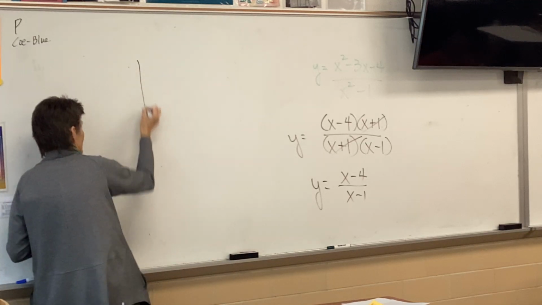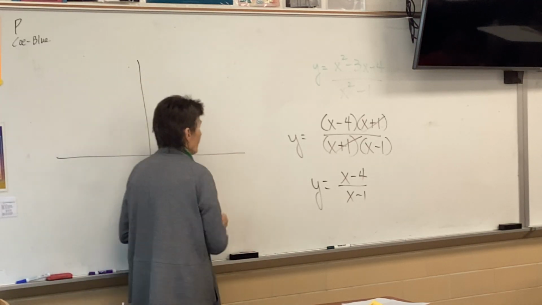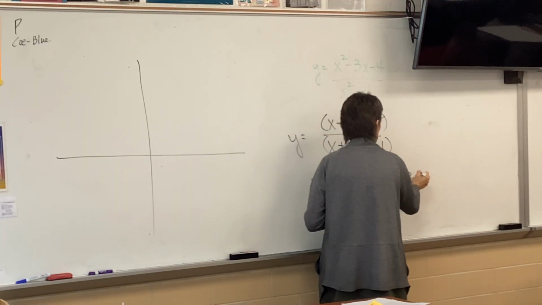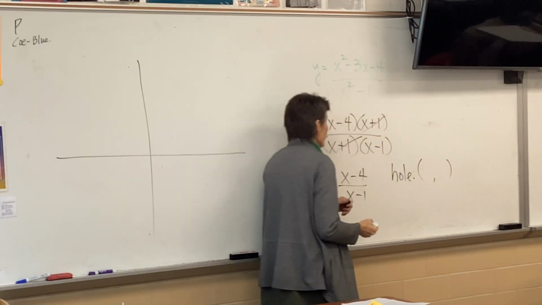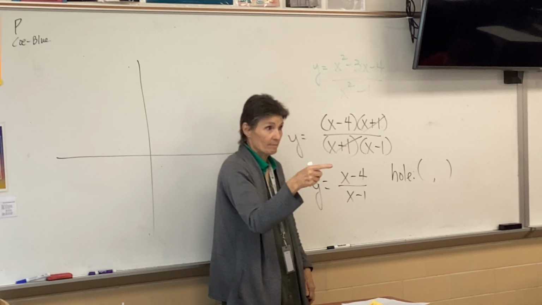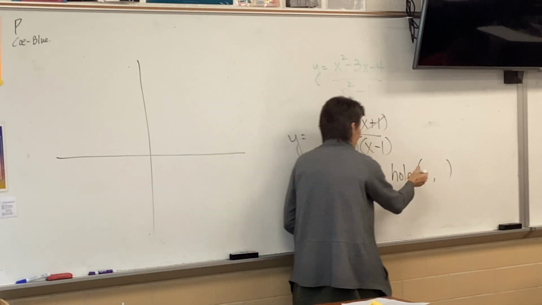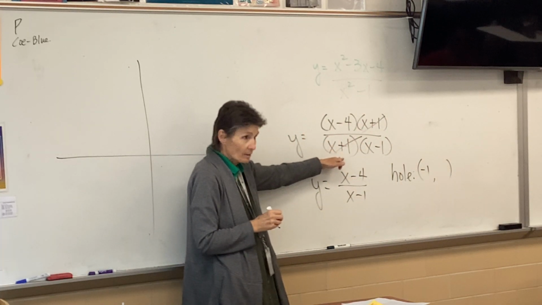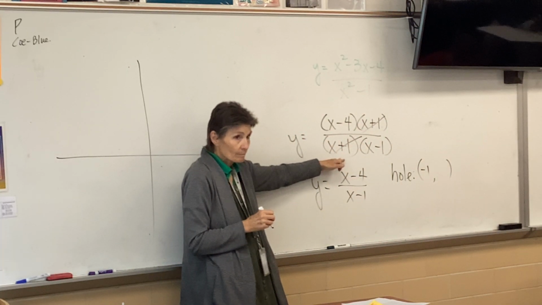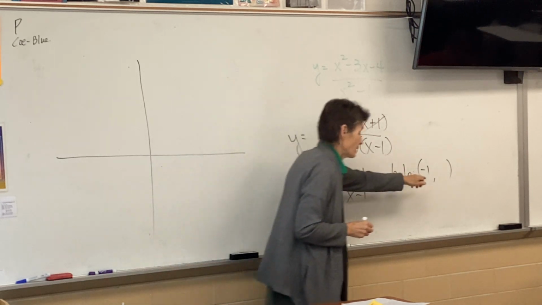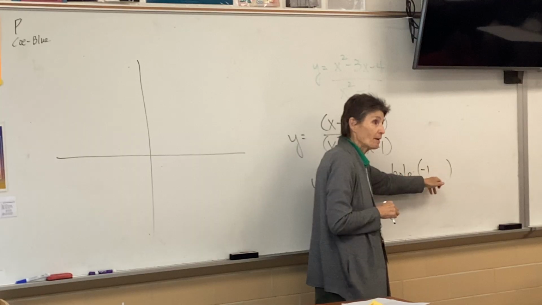All right, so let's go ahead and take care of that right now. Where will the hole in this picture be? The hole will be where x is -1, because that is the factor that I canceled out. Now I need my y coordinate, because this is going to be a point I'm going to plot on my graph.